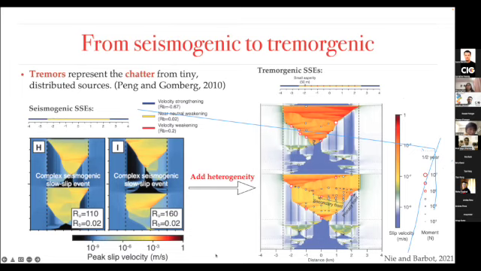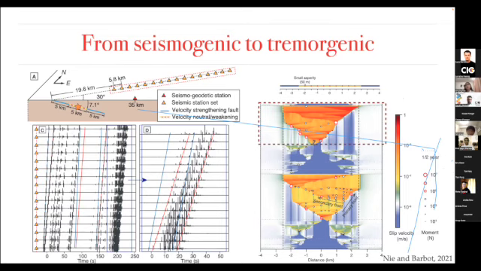When the rupture front of slow slip events passes the asperities, they trigger these tiny little seismic events. These little events also disturb the propagation of the slow slip events, then trigger a secondary front, and the secondary front triggers more seismic events and more secondary fronts. They go back and forth and make the slow slip events very complex, generating tons of small seismic events.